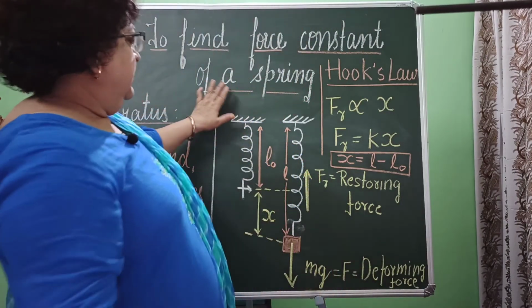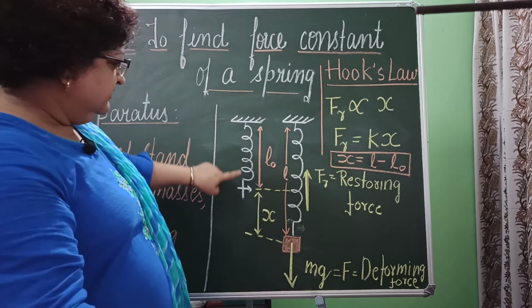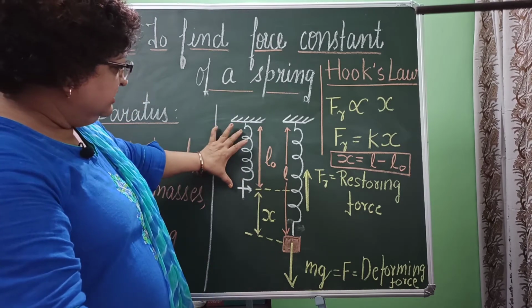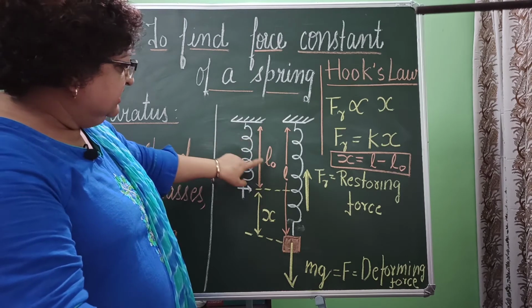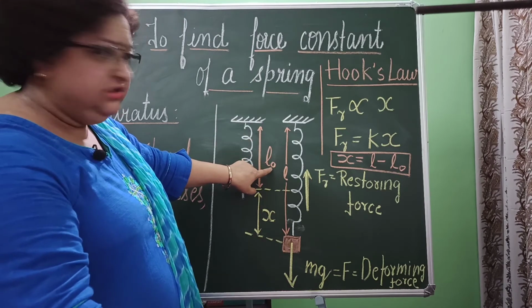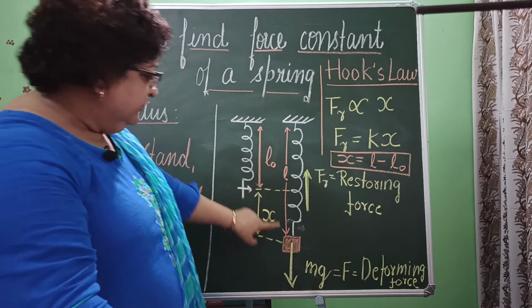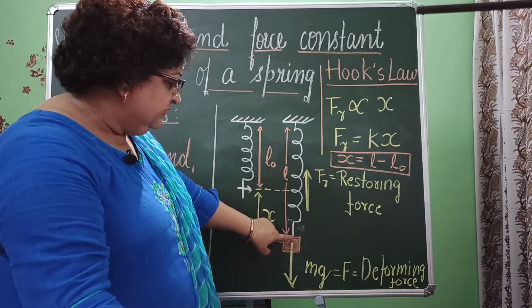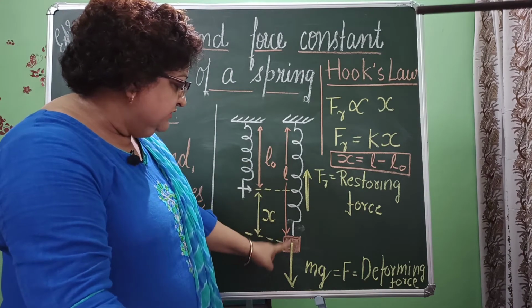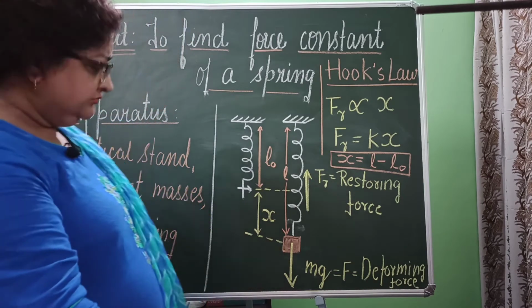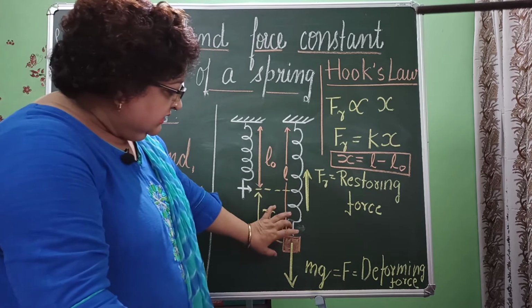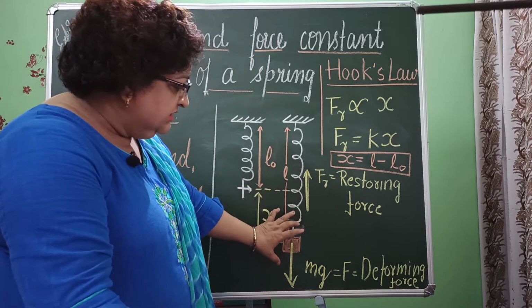Children, this is the original length of the spring, which is represented with the letter L naught. When you suspend the mass, due to gravity, mass will be pulled down. As a result, the spring will be elongated.